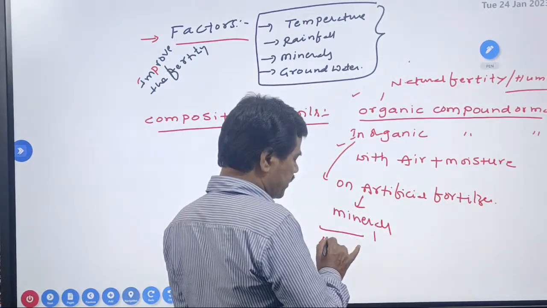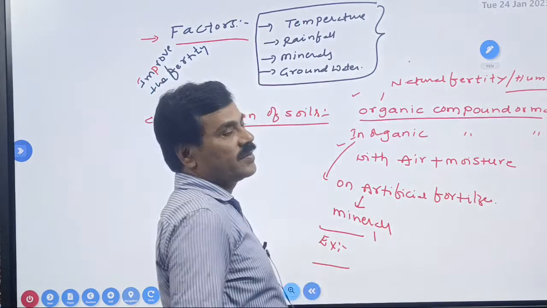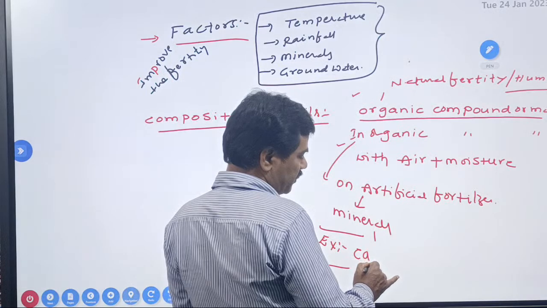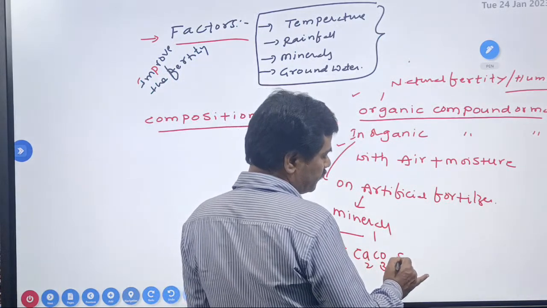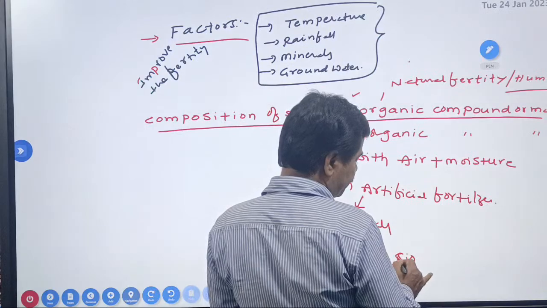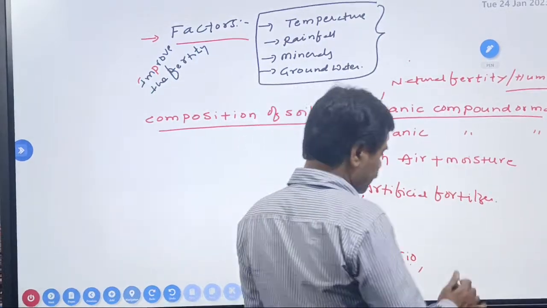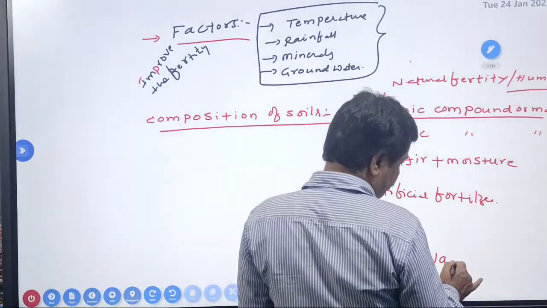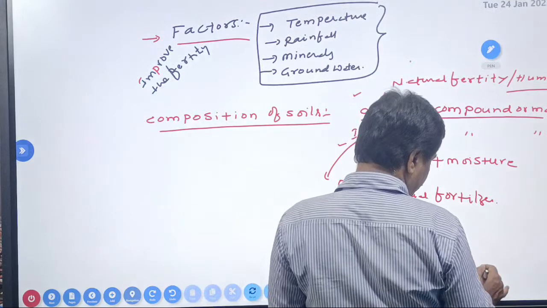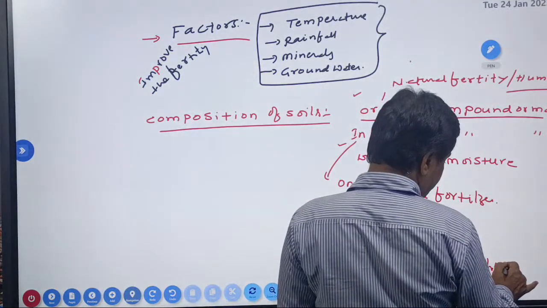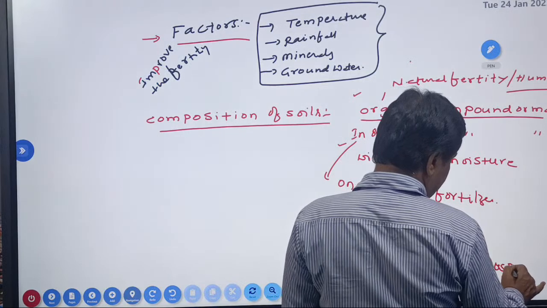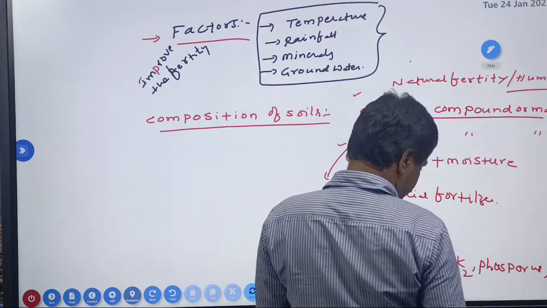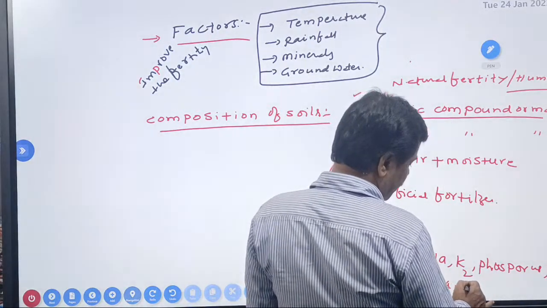Examples of these minerals include calcium carbonate, silicon oxide, and also sodium, potash, phosphorus, calcium, and magnesium.